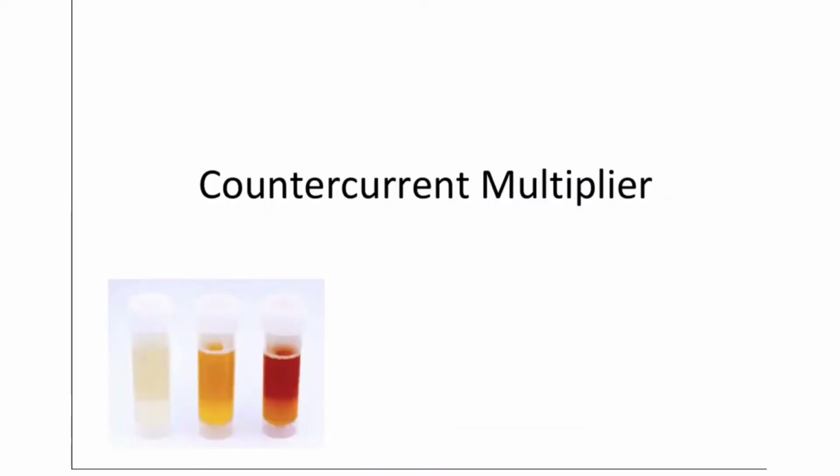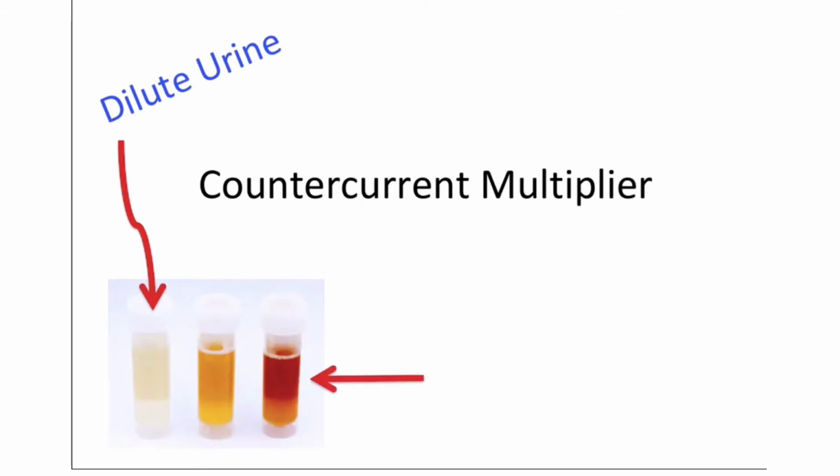Starting our slides, what we see here are 3 vials of urine. On the far left, the clear one is dilute urine. It's dilute, let's just suggest it's around 50 milliosmoles per liter. It has a low concentration of solutes. The one on the far right is concentrated urine. It has a high concentration of solutes. Concentrated urine is created by the reabsorption of water.